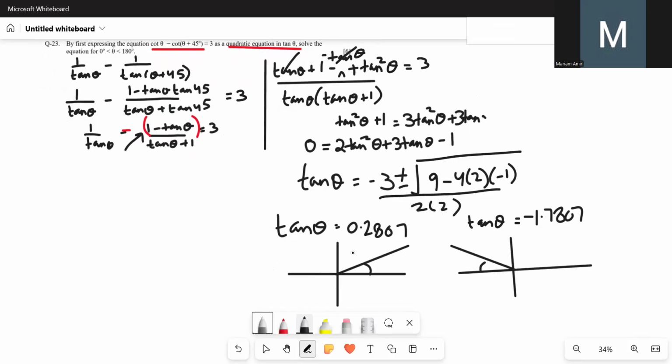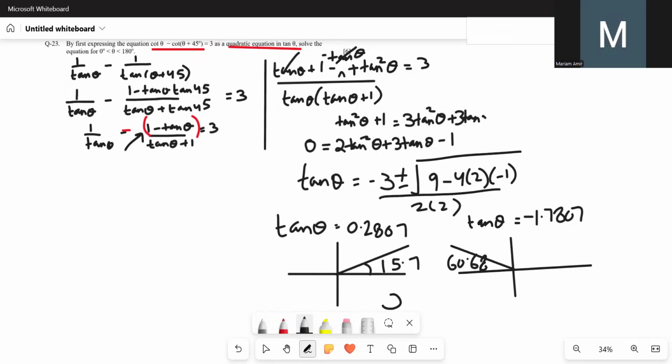Now you find tan inverse of 0.2807. It gives 15.7. And similarly, find tan inverse of 1.7807, and that gives 60.68.